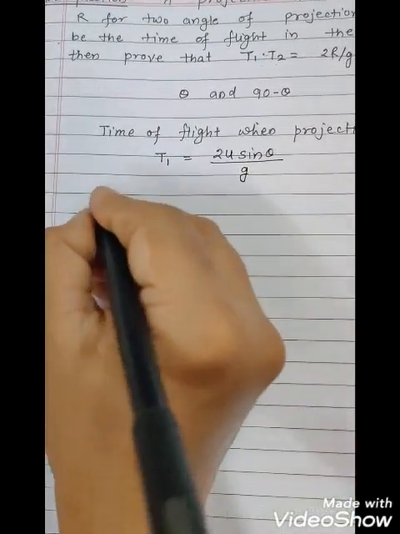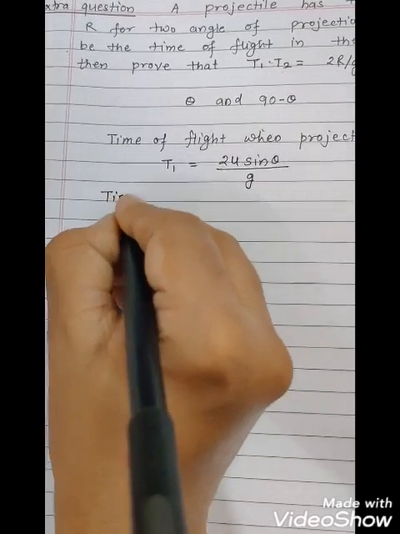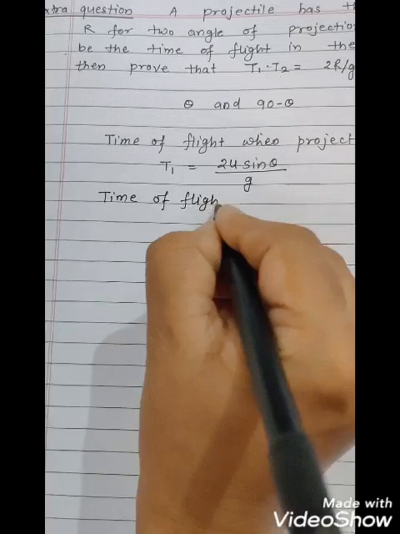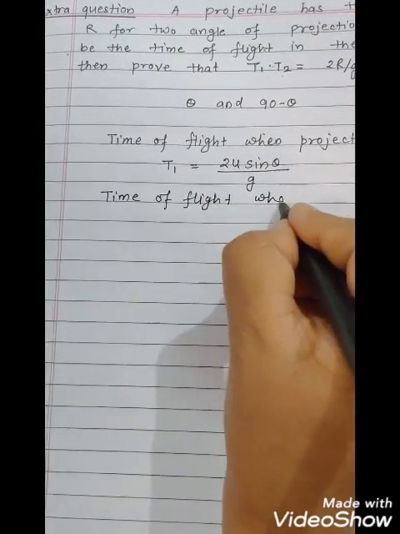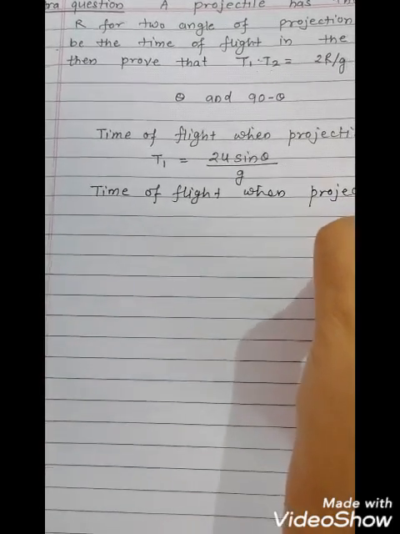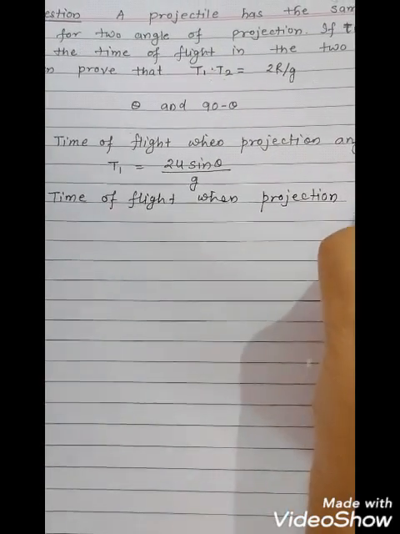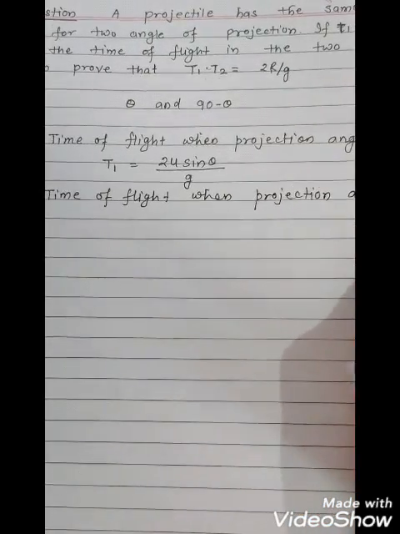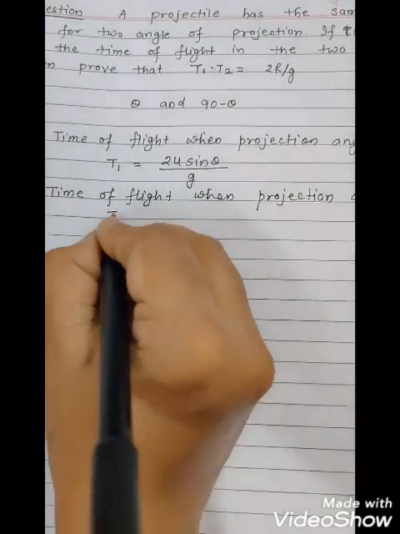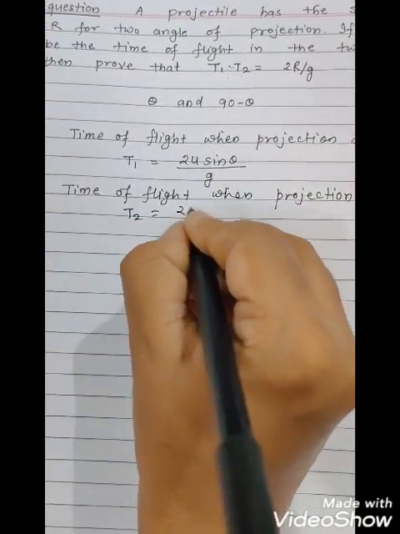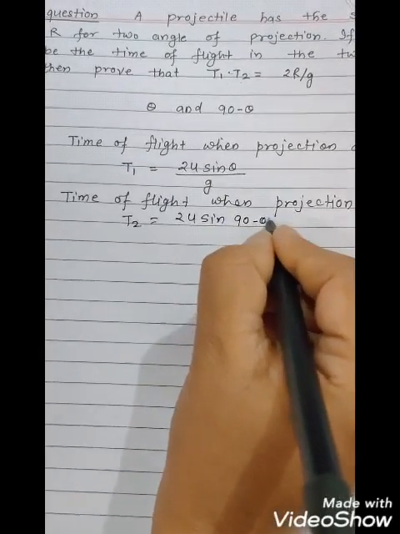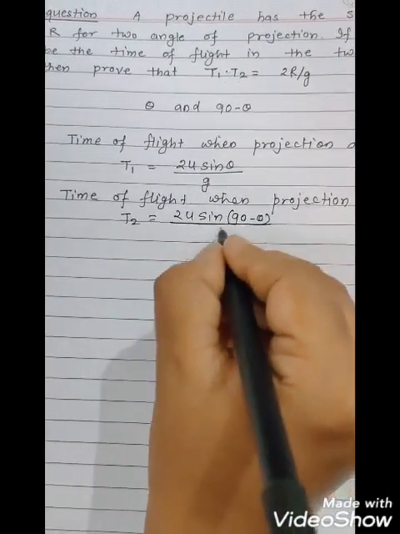And for the same range, another time of flight is given, and by our previous knowledge this angle should be 90 minus θ. So T2 should be 2u sin(90 minus θ) upon g.